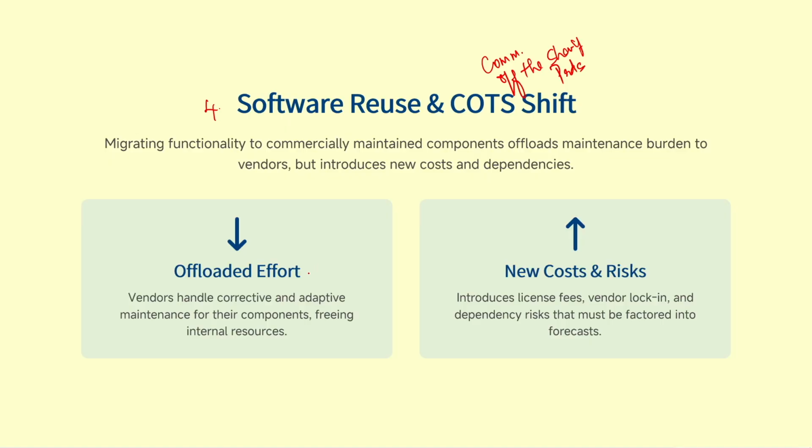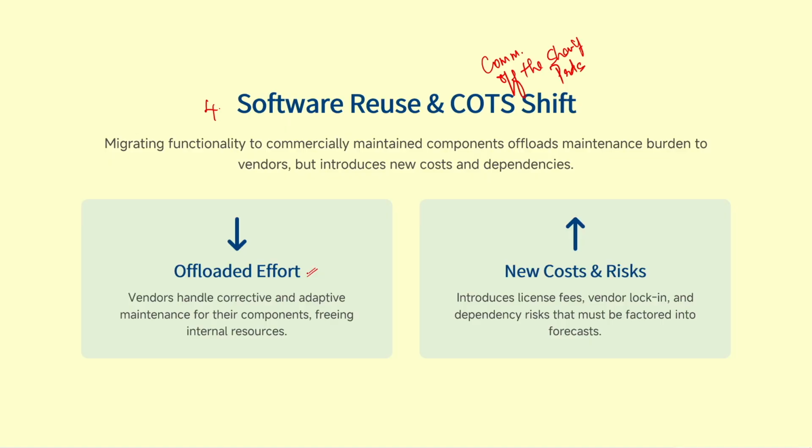Those products could be taken from the market and we can use them instead of building the functionality ourselves. Sometimes this acts as an advantage, sometimes as a disadvantage. It reduces the effort, because you are not going to do any analysis, design or implementation for that functionality.